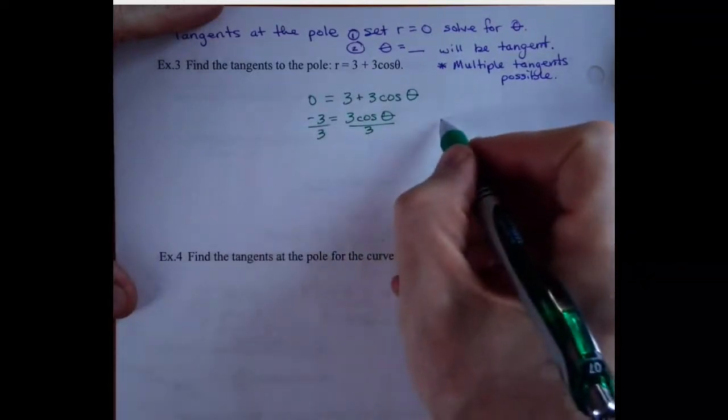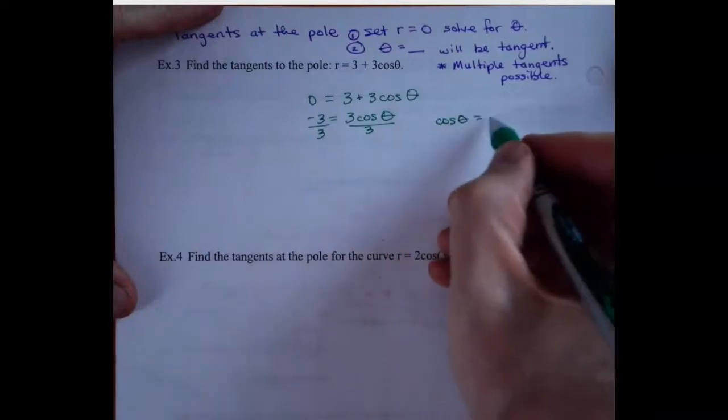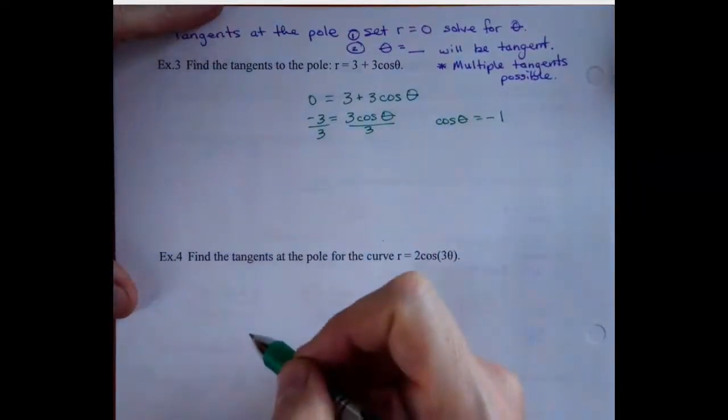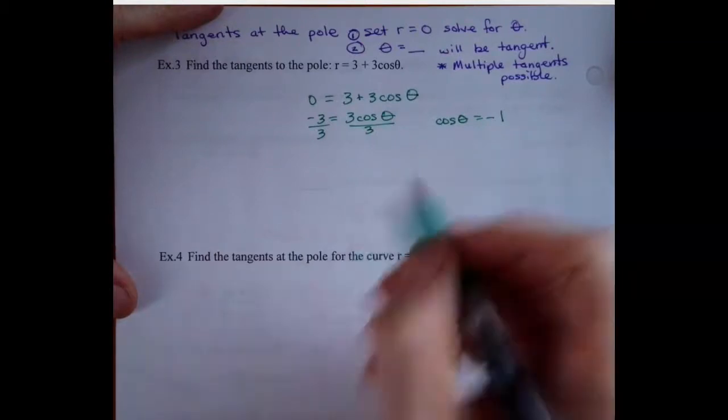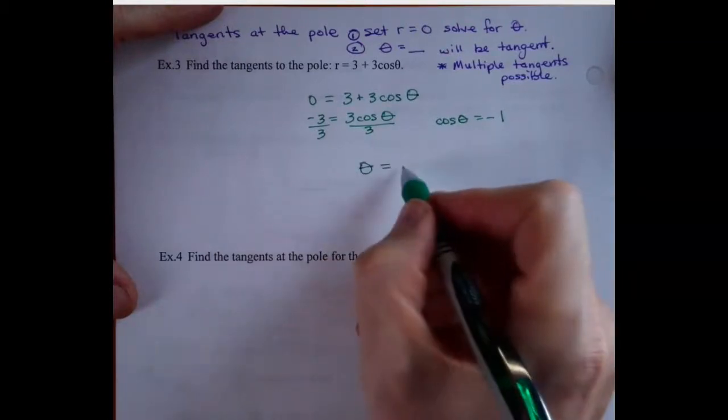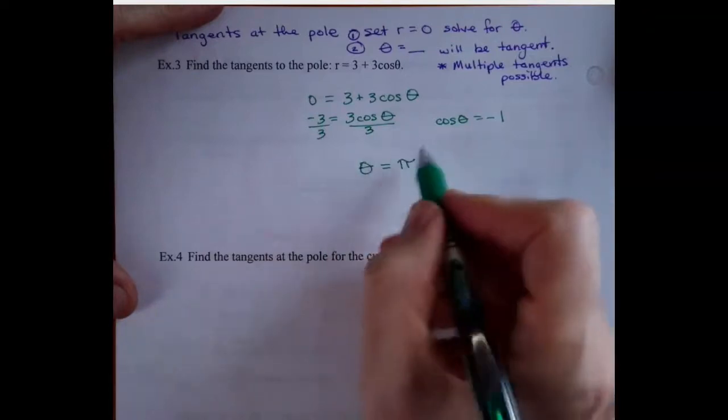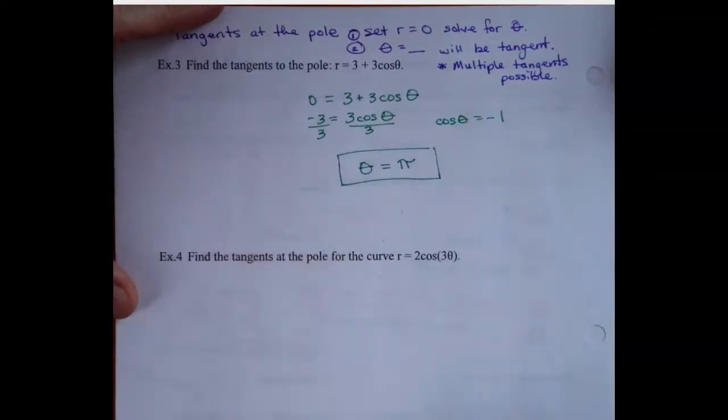So we've got cosine theta equals negative 1, and that happens at pi. So theta equals pi, that's the tangent line.